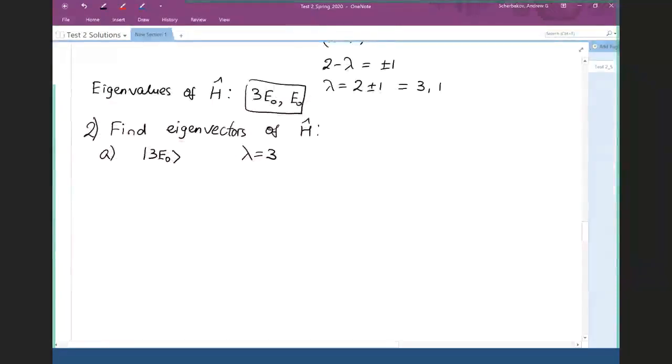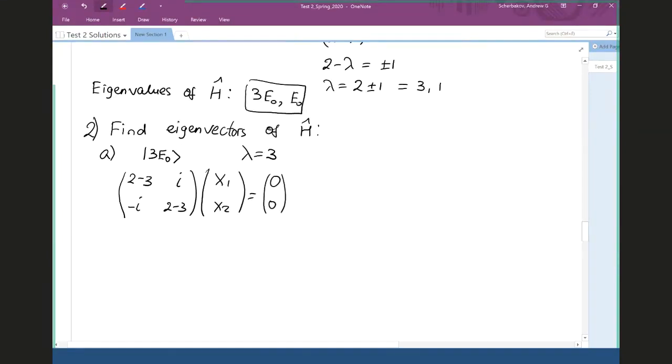Okay, so let's plug 3 for lambda. 2 minus 3, i, negative i, 2 minus 3, I'm just plugging 3 for lambda, multiplied by some vector x1, x2, has to be equal to 0.